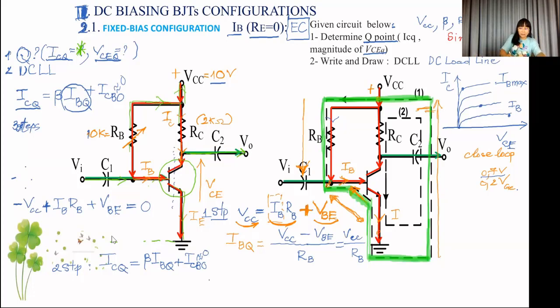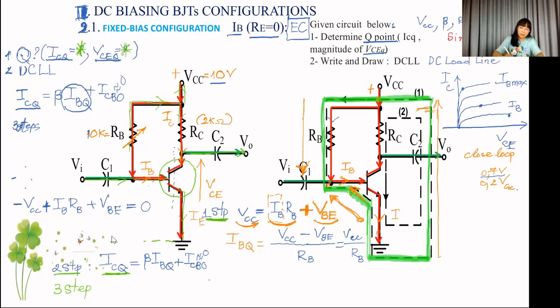In the first step, we have to determine the base current. And in the second step, we have determined the current IQ, the collector current. And now the third step, we should find out the voltage VCE on the circuit.